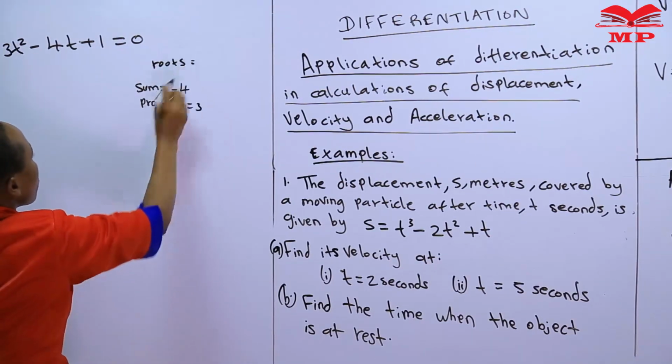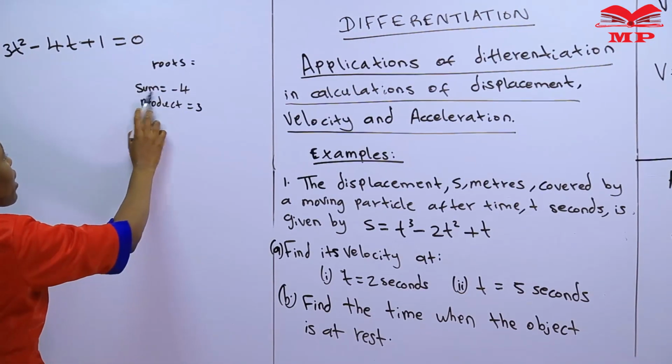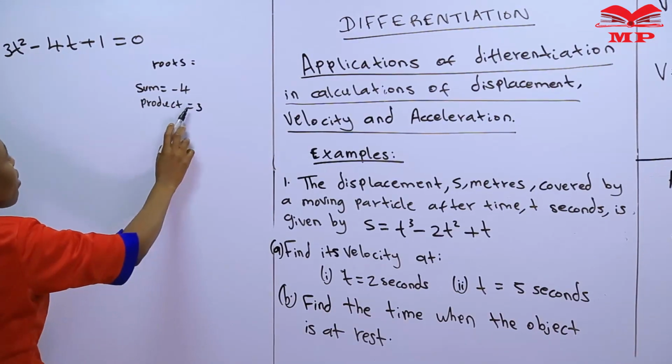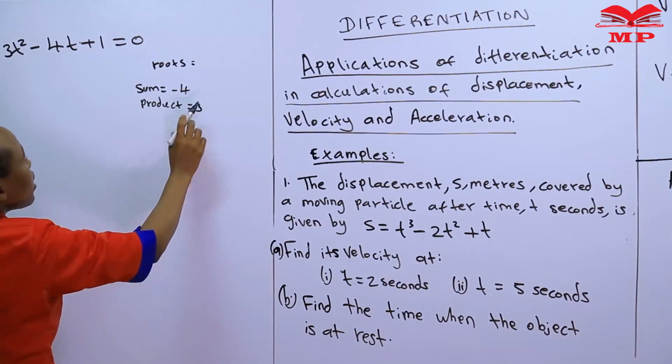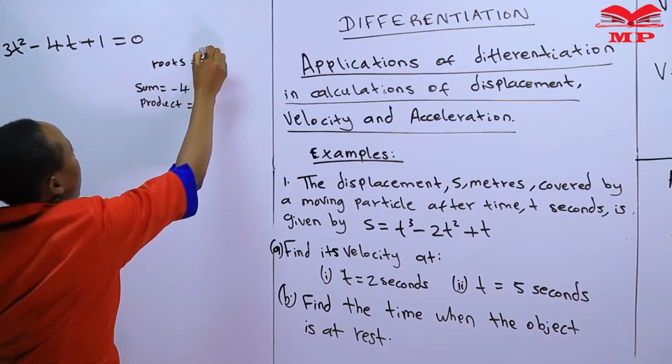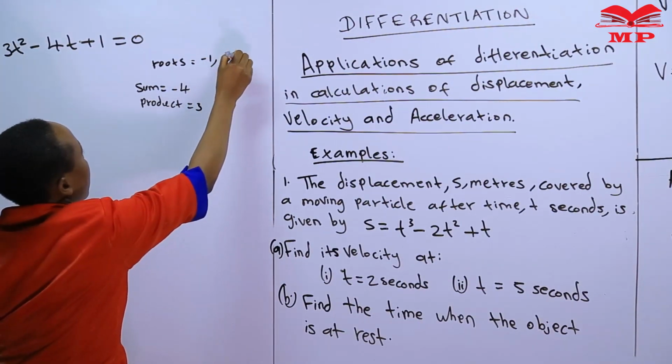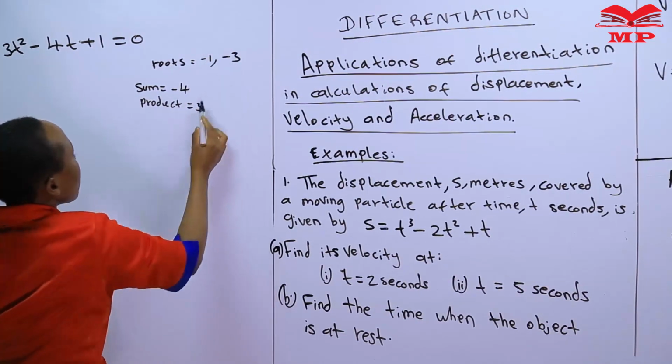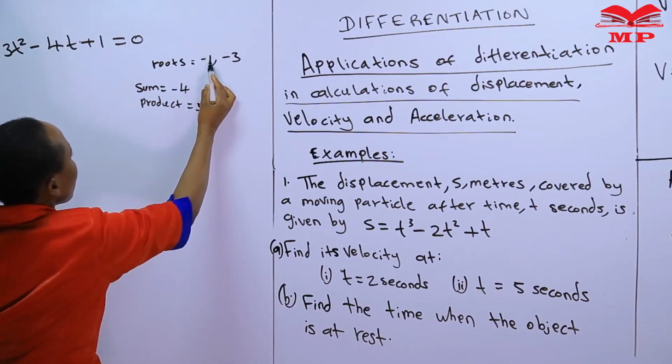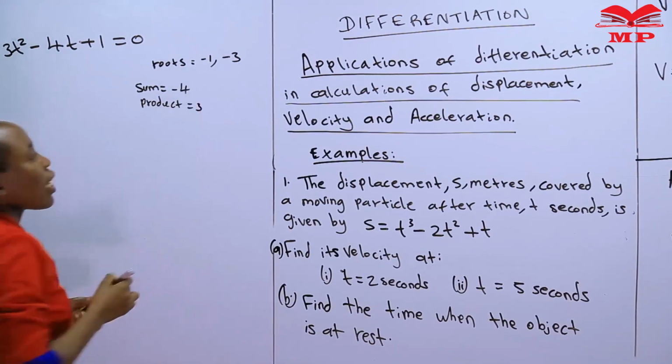We look for the numbers whose sum is negative 4 and whose product is 3. So we can have negative 1 and negative 3. Negative 1 times negative 3 is 3. Negative 1 plus negative 3 is negative 4.